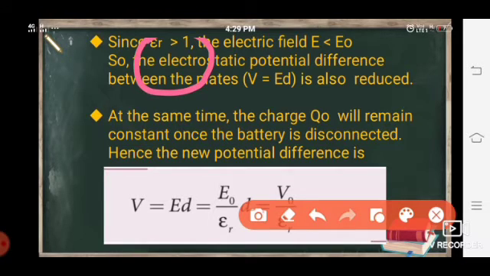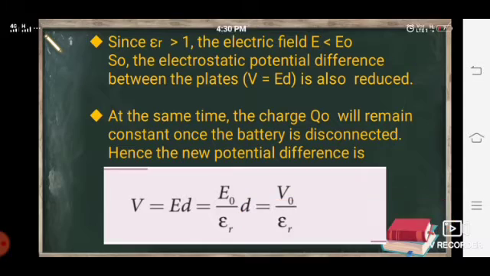Now the electric field between the plates is less than the initial electric field, so the electrostatic potential difference between the plates, V equals E into d, is also reduced. Since the dielectric is a non-conducting material, the electric field between the plates decreases.